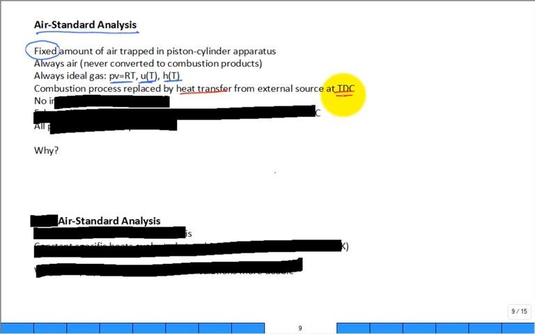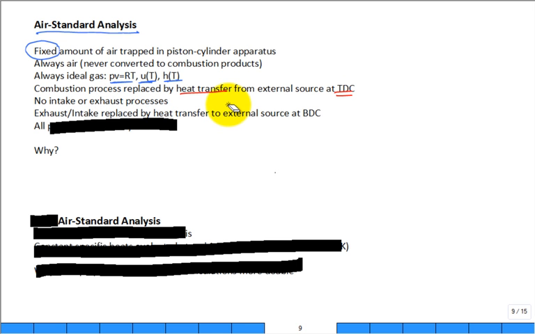Top dead center, that's right. There's no exhaust or intake. You just simplify that with a heat transfer. Where? At bottom dead center.